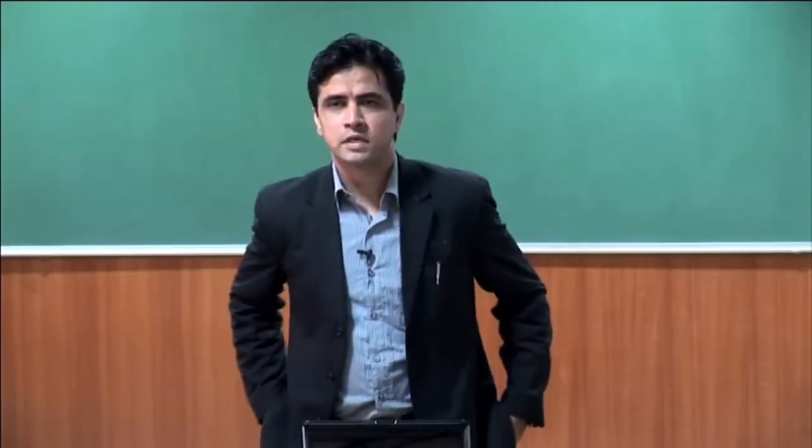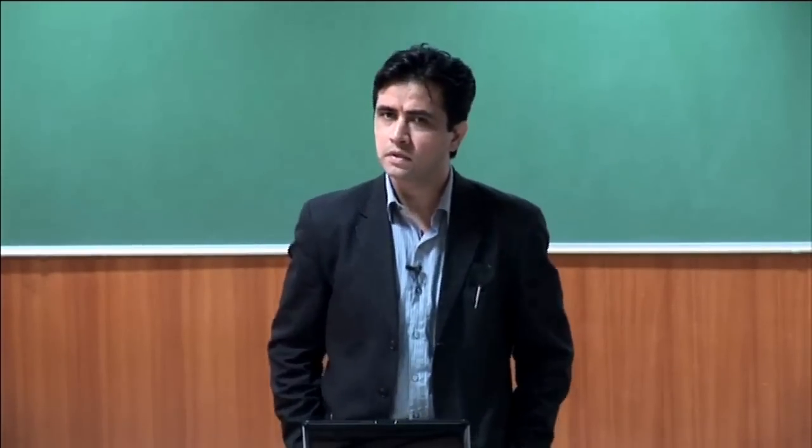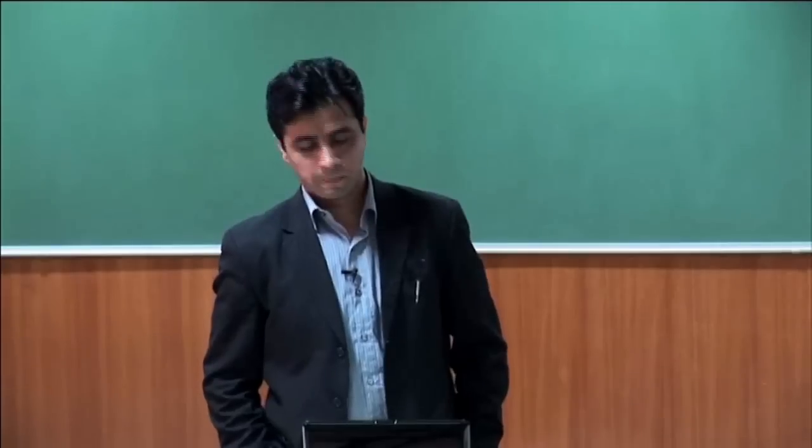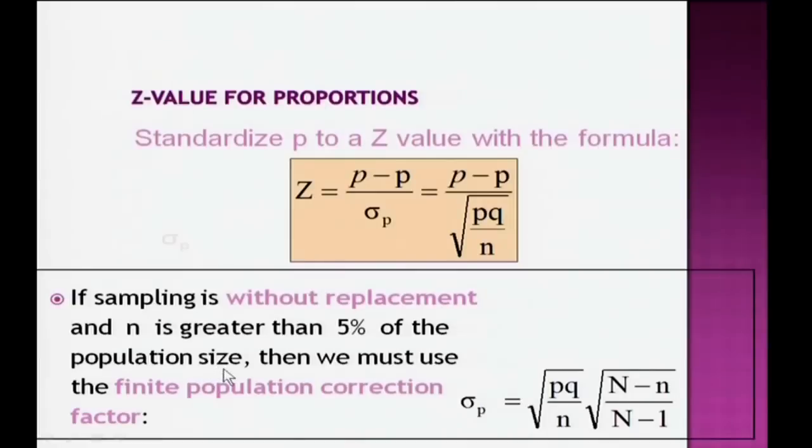So we can't apply the central limit theorem, and hence we need certain adjustment to the variability. Whenever small n is more than 5% of capital N, we must apply a finite population multiplier here, and that gives the standard error as root of PQ by n into capital N minus small n by capital N minus 1. So there are just two cases we must remember in case of proportions.